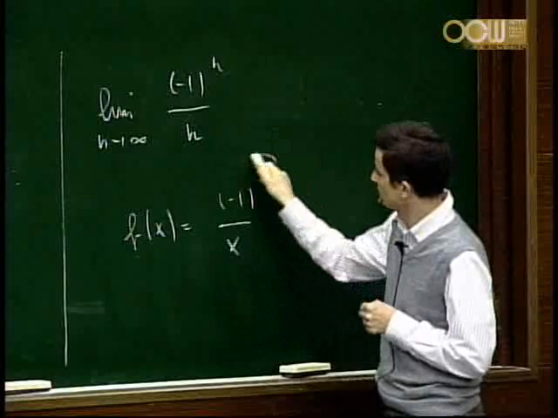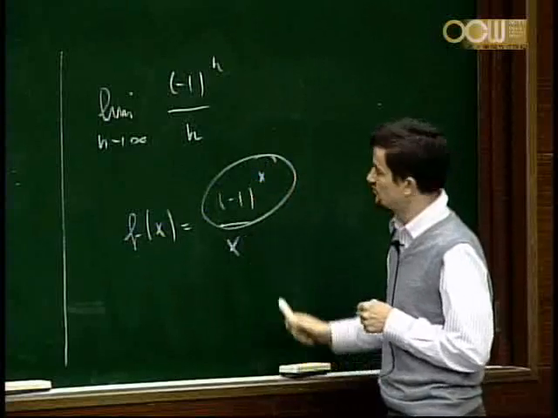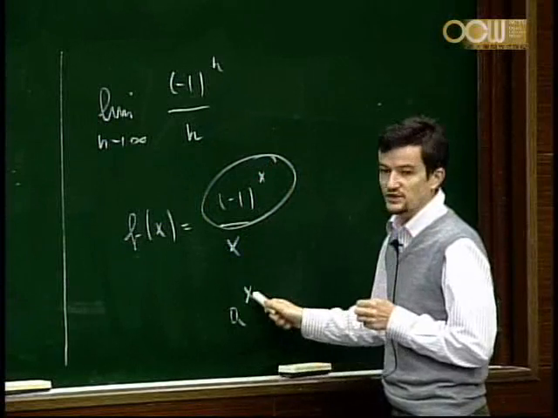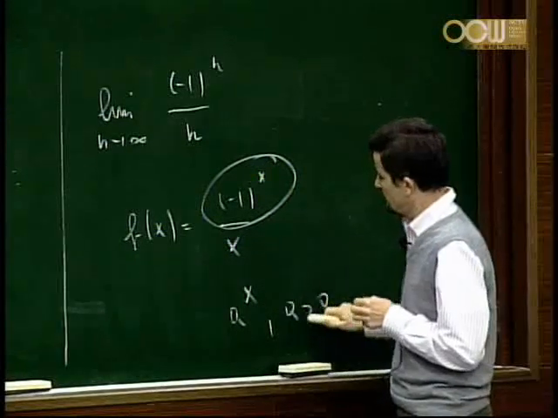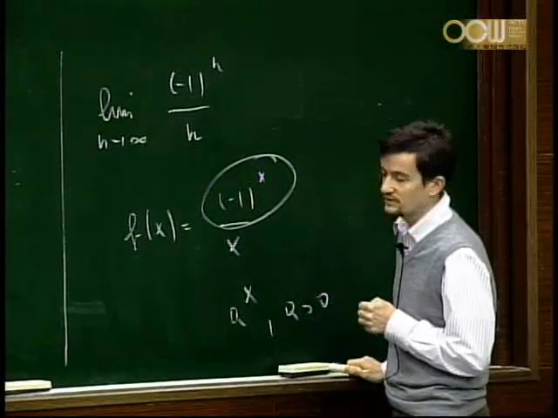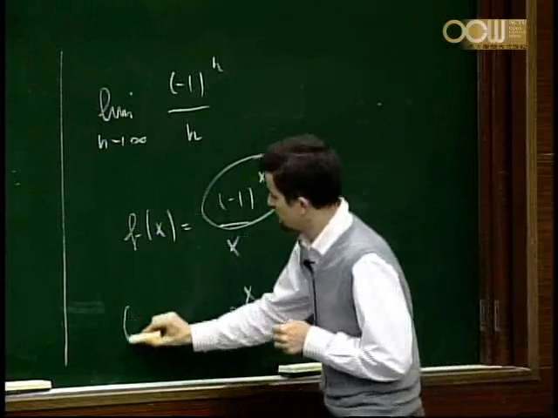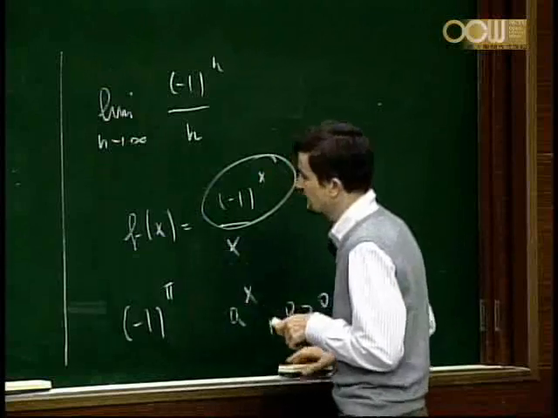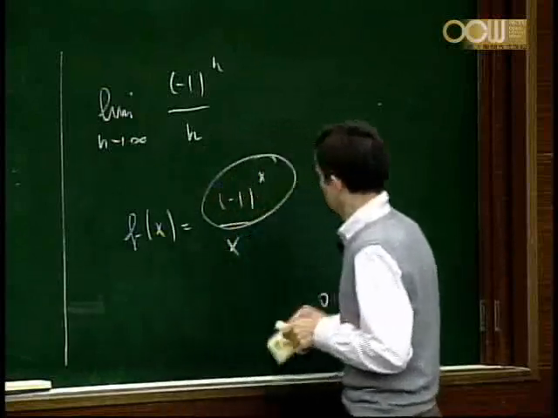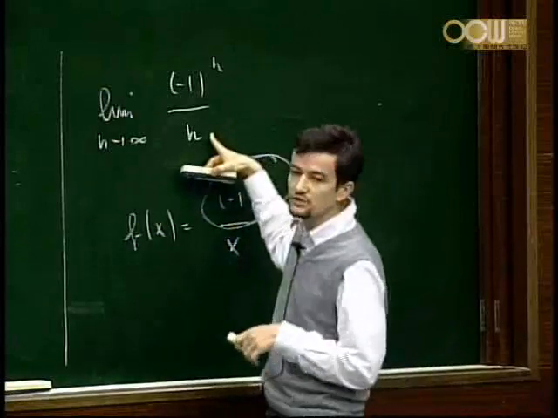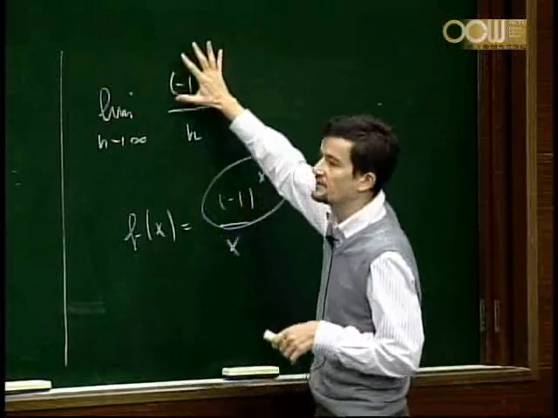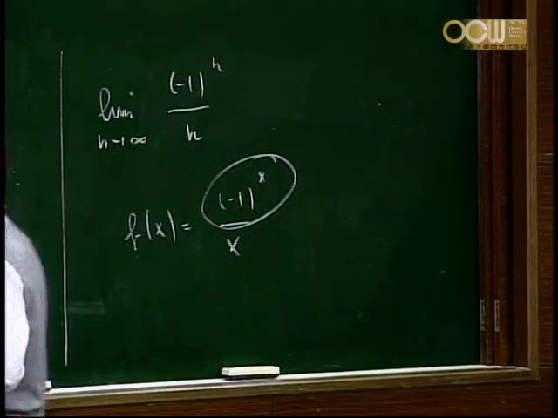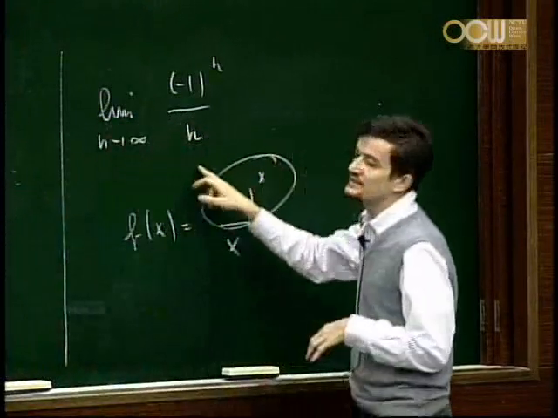But this does not make sense here, because we know that for the exponential function, the a must be larger than 0. So you cannot look at this function here. So for this simple sequence, which looks pretty similar, if you forget about this one, you cannot use this result in order to figure out whether this limit exists or not.